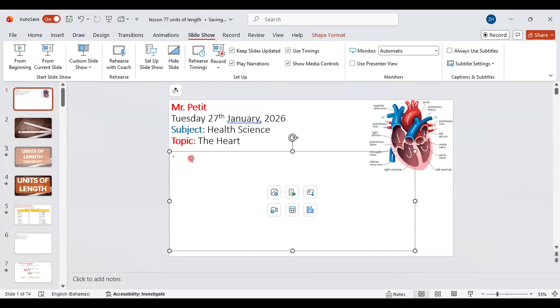So the heart is a muscular organ consisting of cardiac muscle, made up of four chambers.